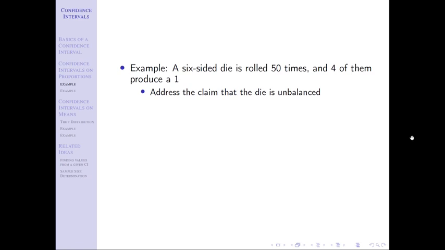I want to touch back on something from last video. When we say 95% confident, or any percent, we're confident in the process: if we were to do this a bunch of times, 95% of the time it would work and we would capture the parameter. 5% of the time it wouldn't work. We have no confidence in our one interval.